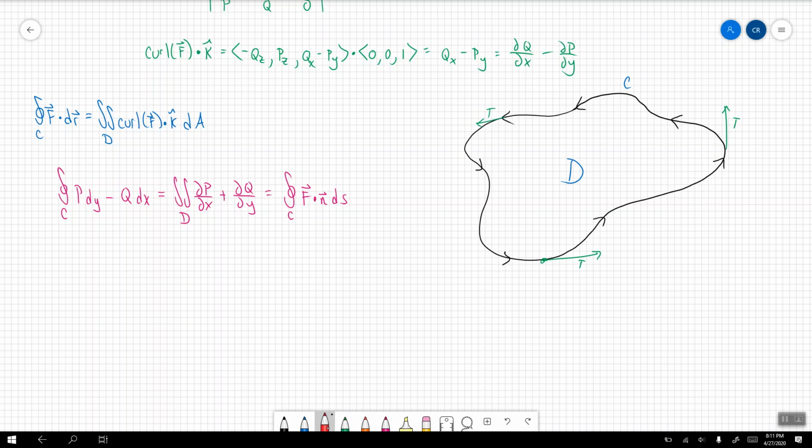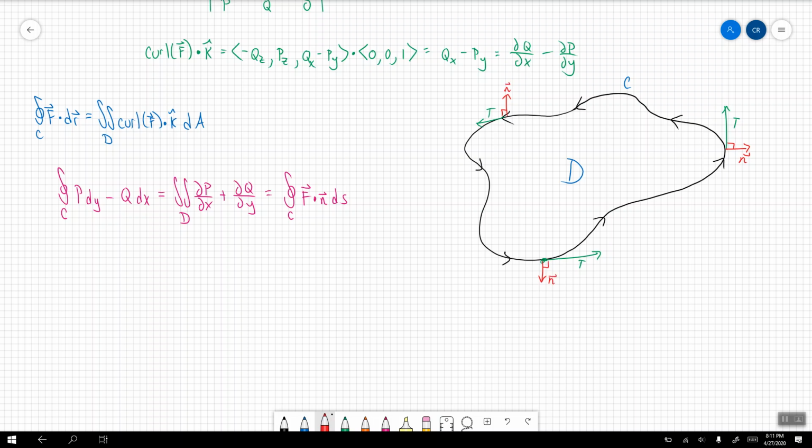Now, the one aspect that I want for this is a normal vector. I also want a normal vector, and I need to figure out what type of normal vector this is going to be.